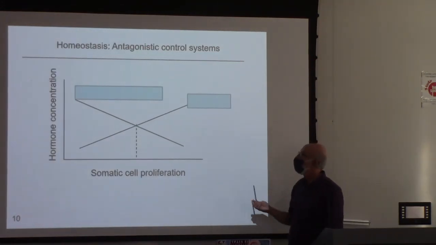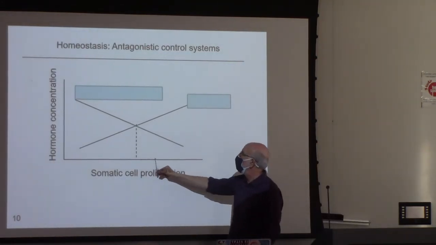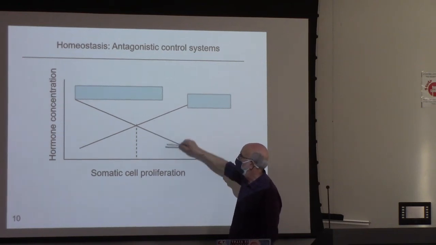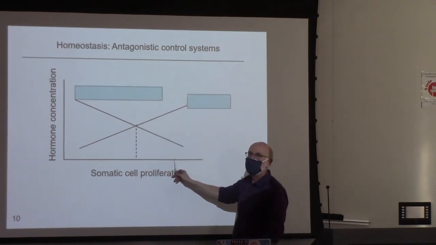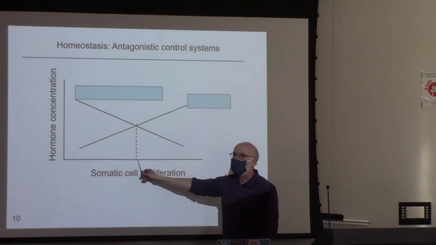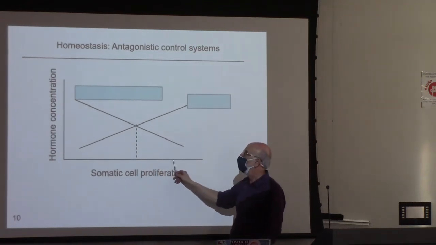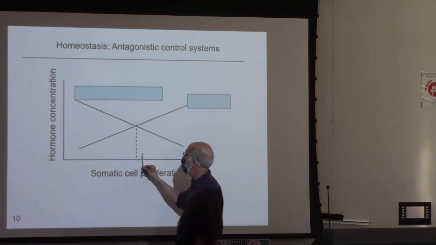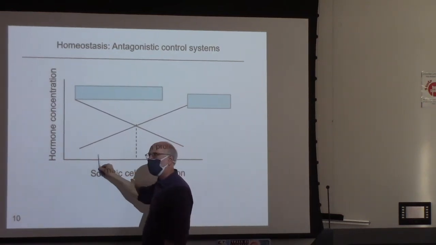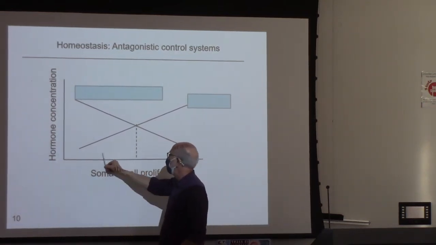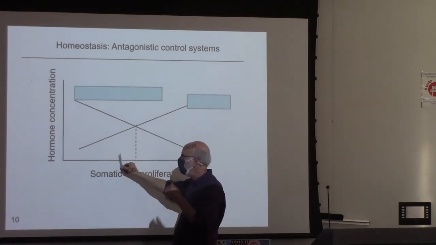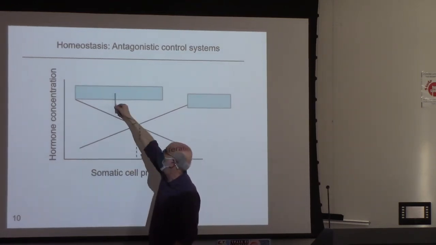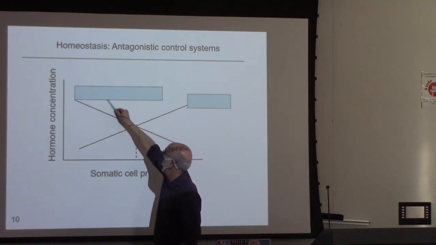What goes in the box? Which hormone is stimulated if there is more than the set point amount of cell proliferation? What goes in this box? Or, alternatively, if there is lower than the expected amount of cell proliferation, what hormone goes in this box associated with this line?